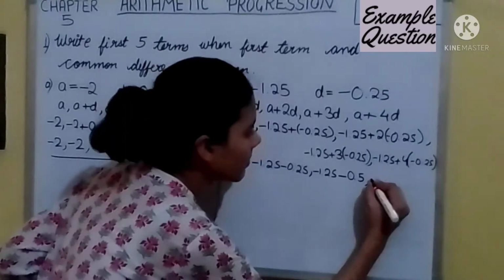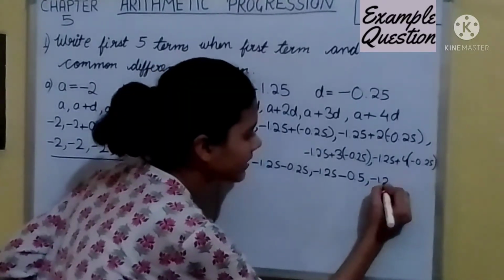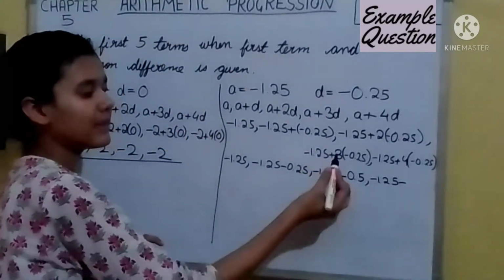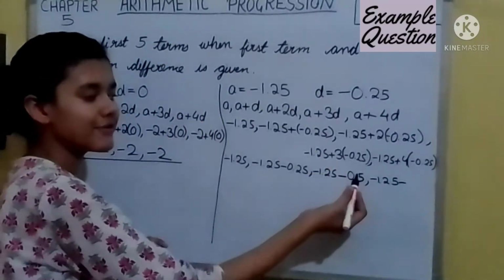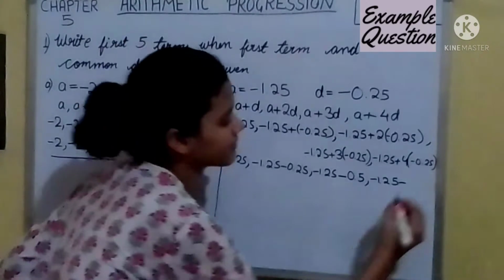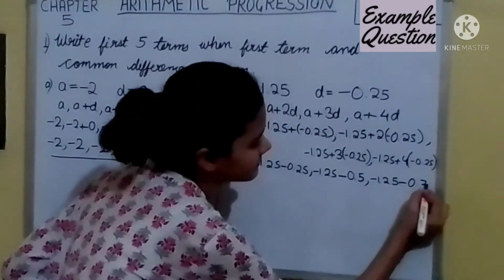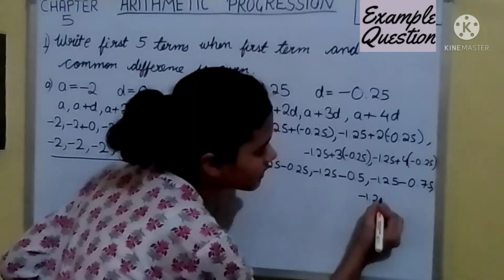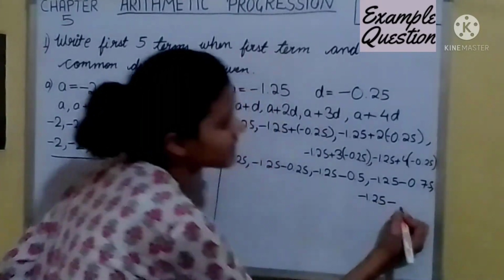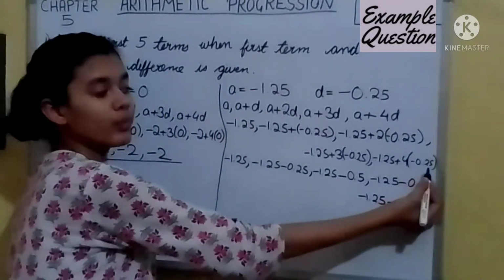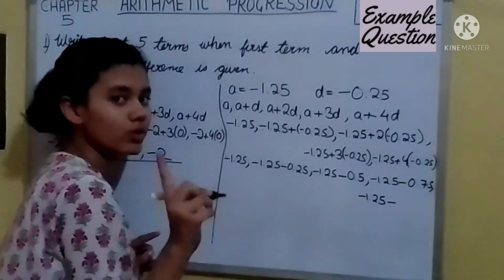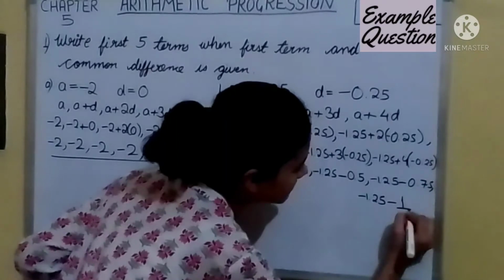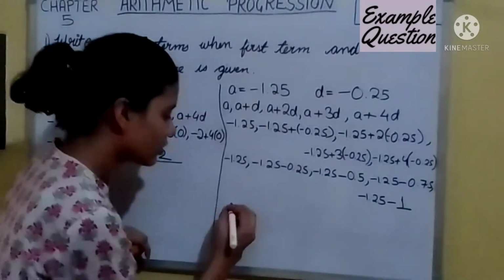then -1.25 minus 3 multiplied by 0.25, which is 0.75, then -1.25 minus, now 0.25 multiplied by 4 is equal to 1. Now let's solve.